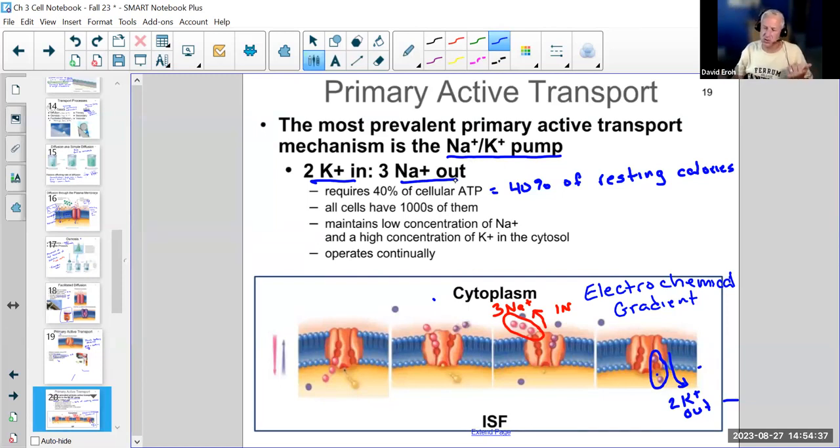These things are so common in your cells that 40% of the calories you eat, now this does not count exercise. As soon as you get up and move and start using muscles, they are the most expensive things that you have, which is why that's what you use to burn extra calories. But like in your sleep, basically, 40% of all the calories that you've eaten are going to just running sodium potassium pumps in your cell membranes.